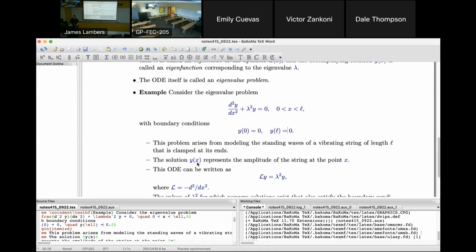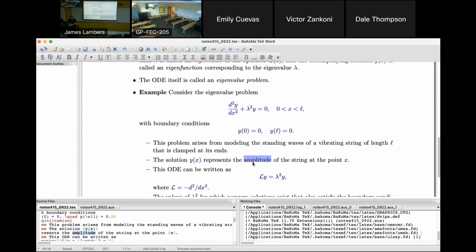So the maximum value deviation of y of x from equilibrium position, that would be the amplitude of a wave. So I call this displacement at any individual point. But the overall height of the wave, that would be the amplitude.